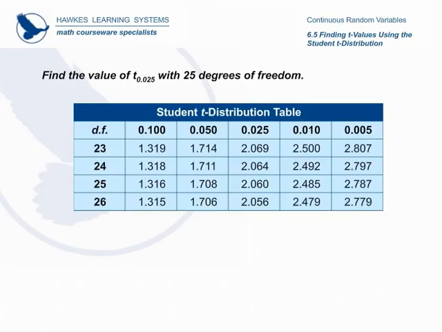Here we can take a look at the student t distribution, and we find at the intersection of a degrees of freedom of 25 and an alpha of 0.025, we find the value 2.060. So our t of alpha 0.025 equals 2.060.